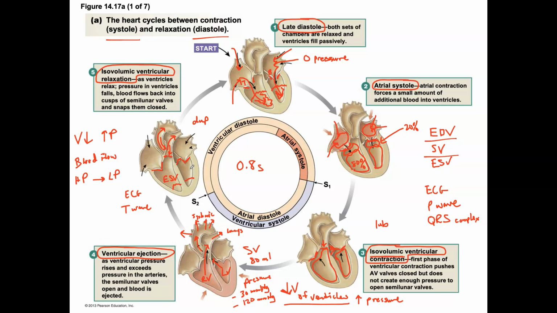What's going to happen next, though, is that the atrioventricular valves are going to begin to relax. And so as these AV valves begin to relax and open back up, then we are essentially moving back to the beginning of the next cardiac cycle.